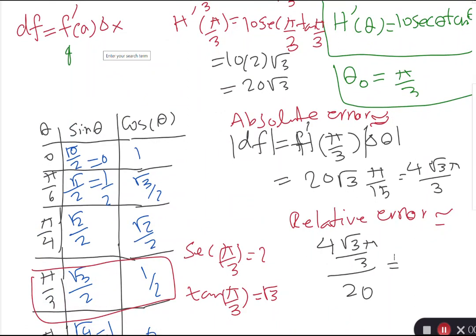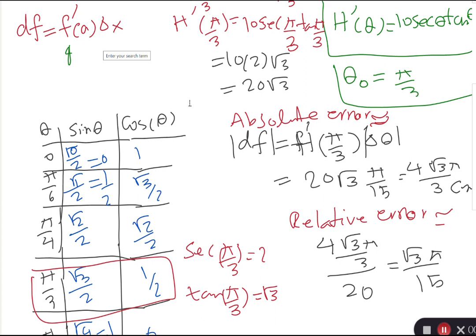And so we clean this up. Oh, what we forgot to do is the centimeters. And over here again, when you do the division, it's going to be square root of 3 pi over 15.